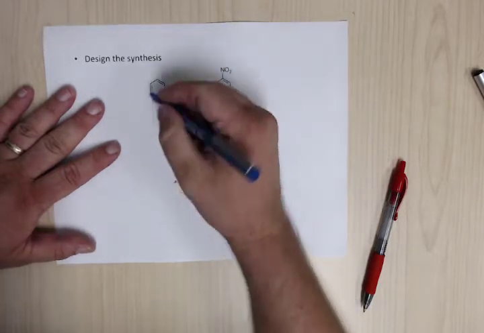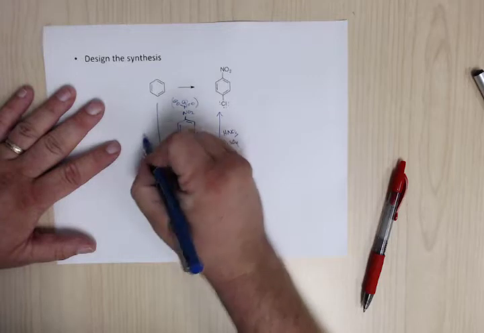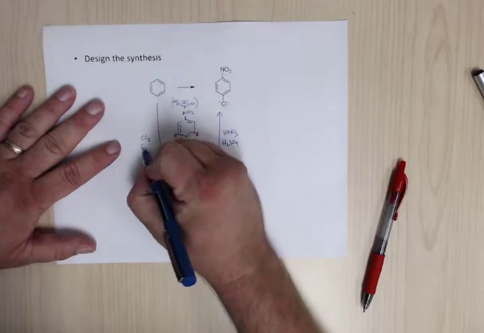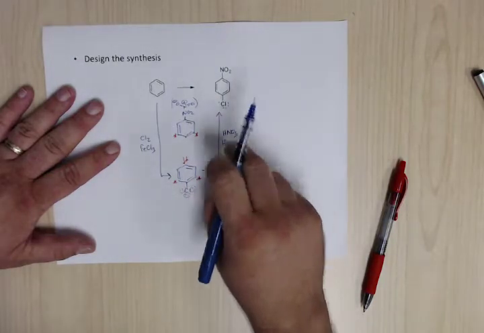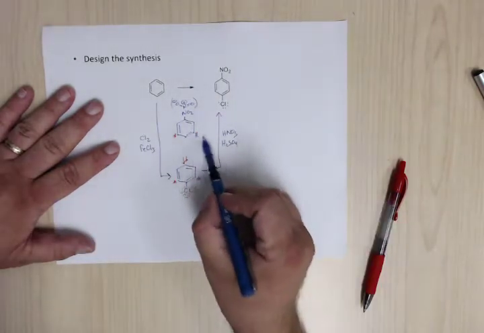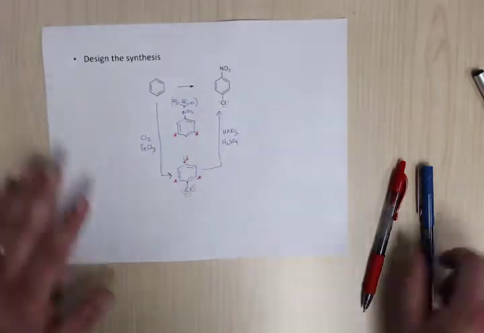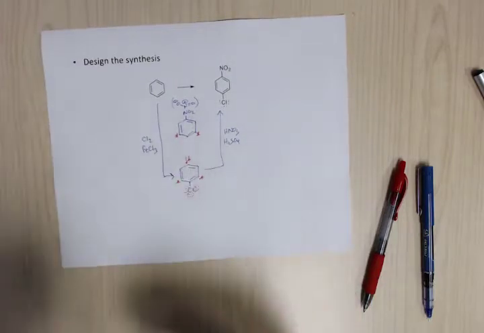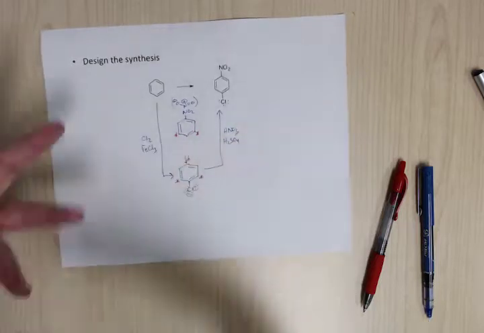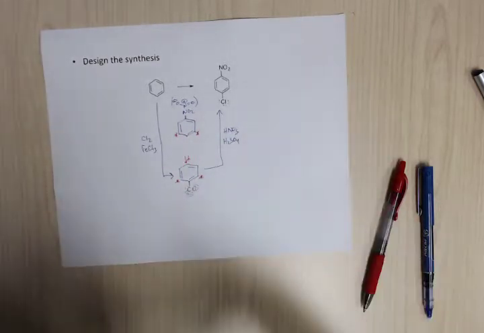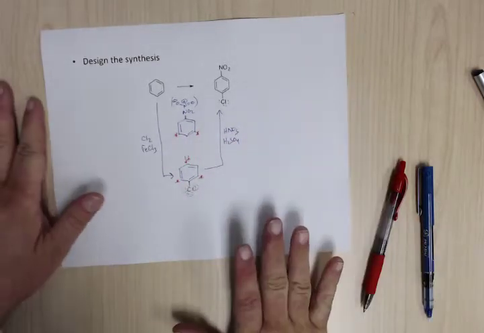So to get that chlorine on there, we have to use Cl2, FeCl3. We have to put the chlorine on first, and then put the nitro. If we did the opposite way, we'd end up with the meta. So, now, you assume that, if you did this in the lab, you get a mixture of the ortho and para isomers. We're just going to assume that you can isolate them and separate those. That or it just magically goes to it.